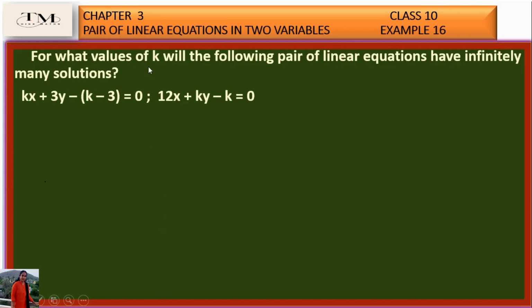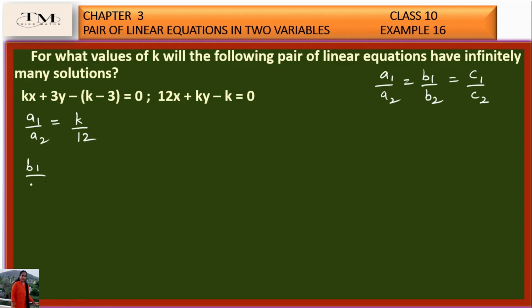For what values of K will the following pair of linear equations have infinitely many solutions? Infinitely many solutions means the condition should be A1 by A2 equal to B1 by B2, which should be equal to C1 by C2. First let us find A1 by A2: A1 here is K, and in this equation A2 is 12.